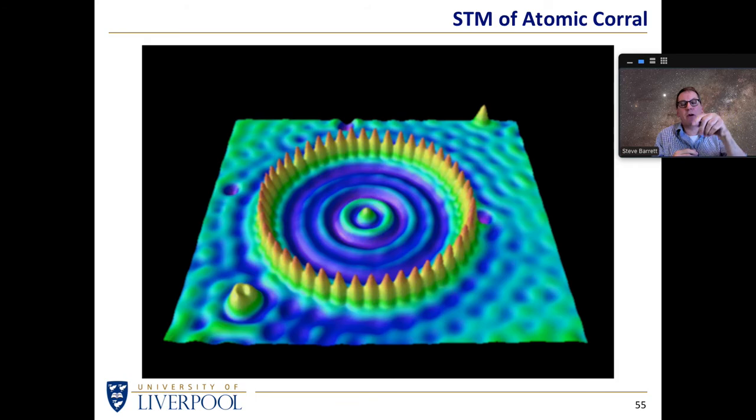What happens if you throw a stone into a pond? You get ripples that look a little bit like what's going on in here. So this single image appears to indicate that some atoms behave like particles and some atoms seem to behave like waves.